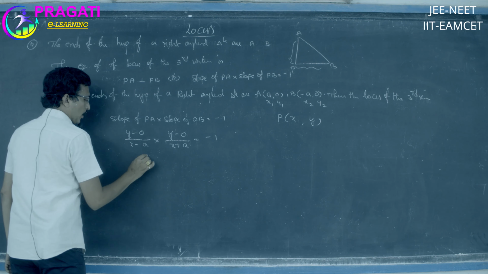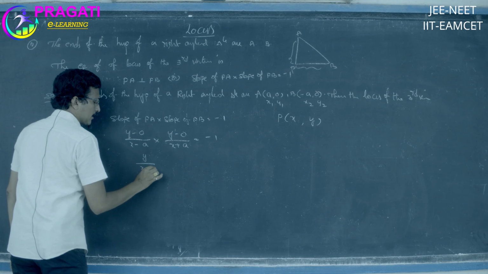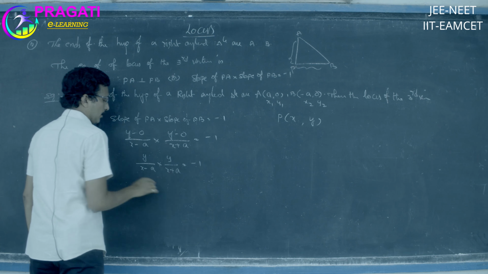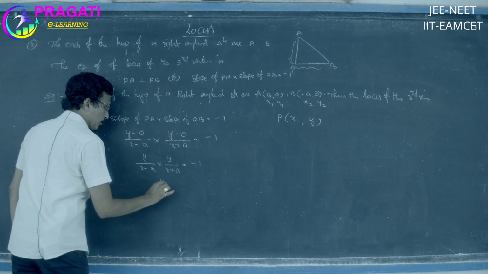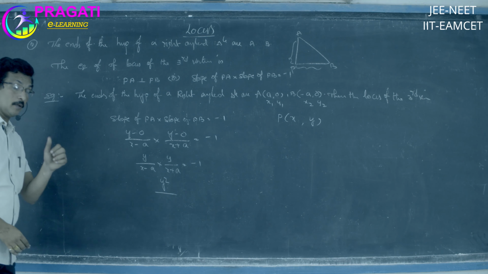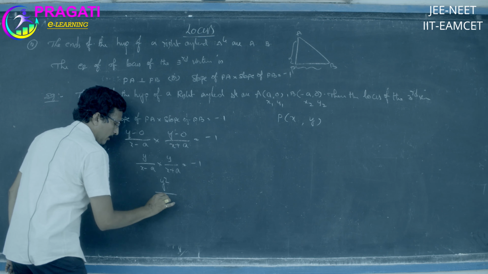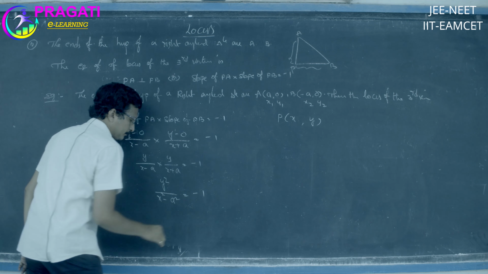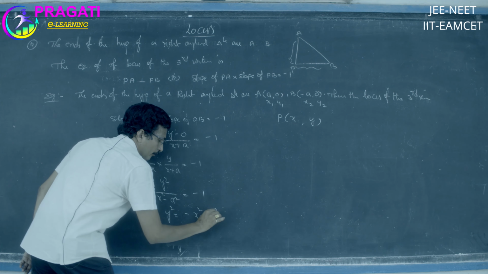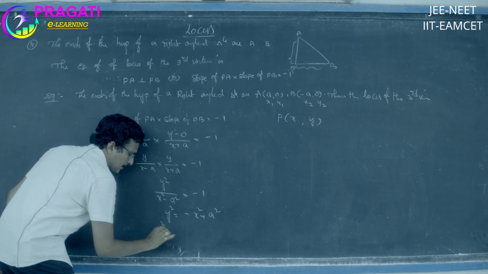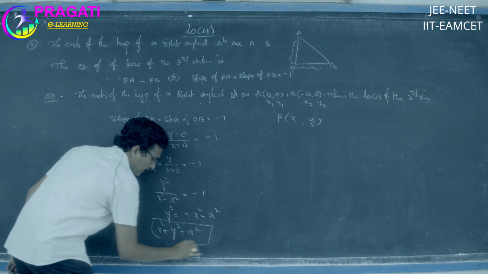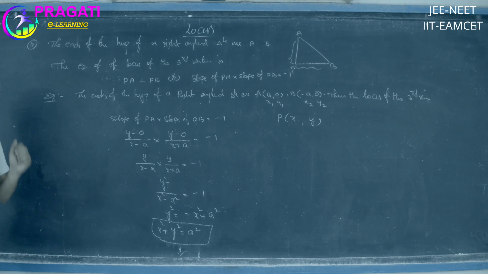So y minus 0 by x minus a into y by x plus a is equal to minus 1. Y square, and the denominator is a minus b into a plus b, that is a square minus b square. Cross multiplication: x square plus y square is equal to a square. It is the equation of the locus.